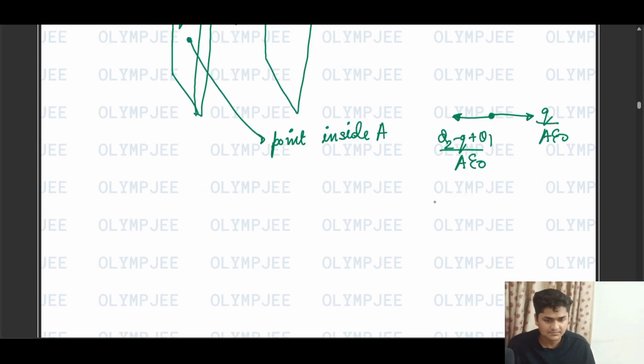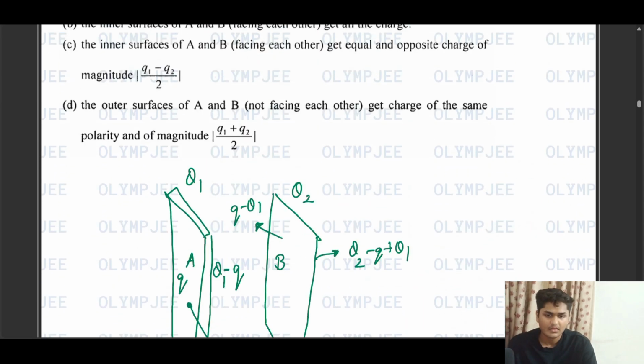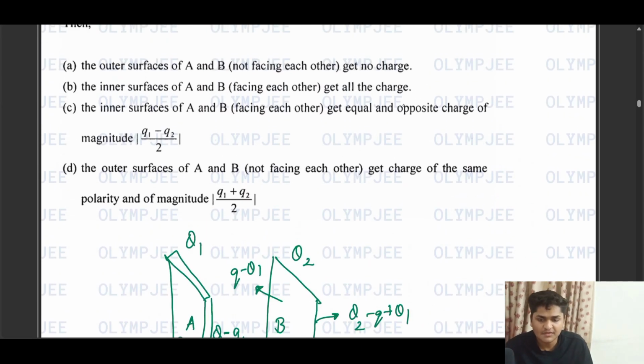Which will give us that Q is equal to (Q1 plus Q2) by 2, and Q2 minus Q plus Q1 is also equal to (Q1 plus Q2) by 2, because it is equal to Q. So we find out that the outer surfaces of A and B get the same charge and polarity and magnitude.